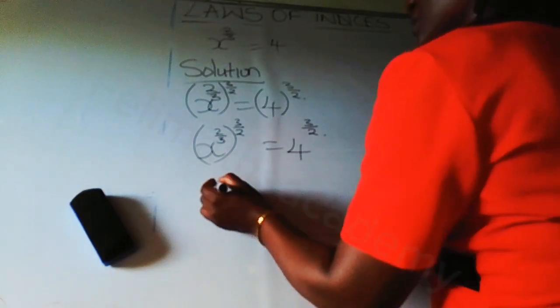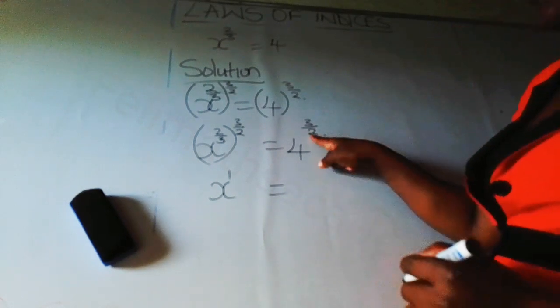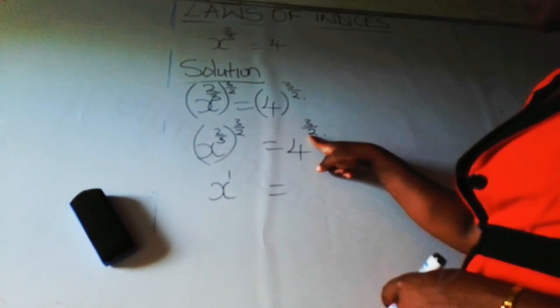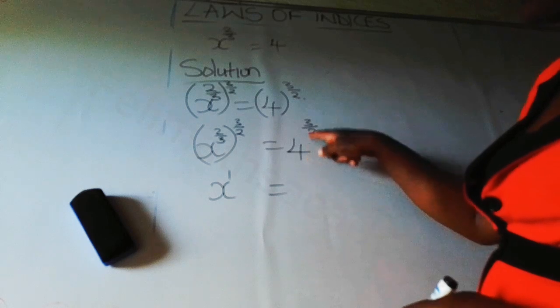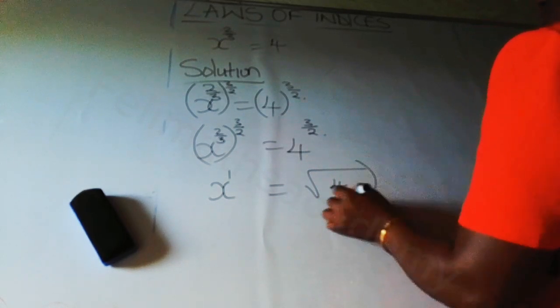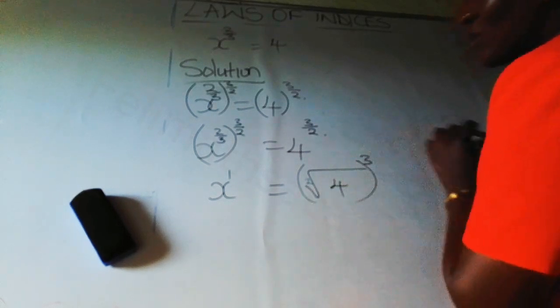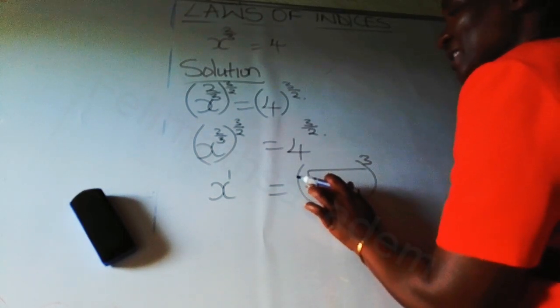So we now have x is equal to, this is a fractional index, the square root of 4 to the power 3. We can always write a 2, or we can always leave out a 2.